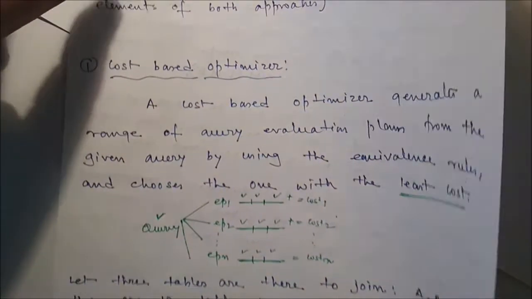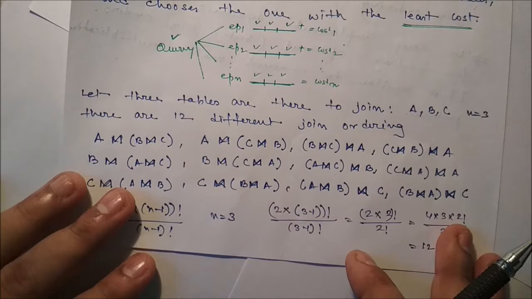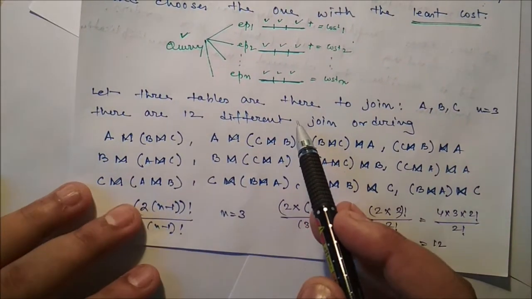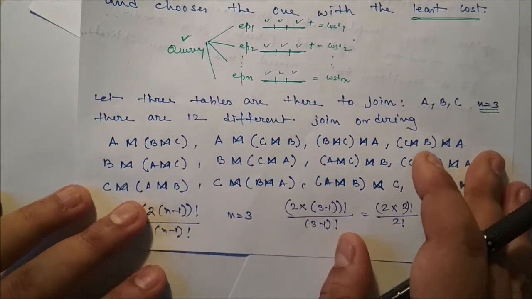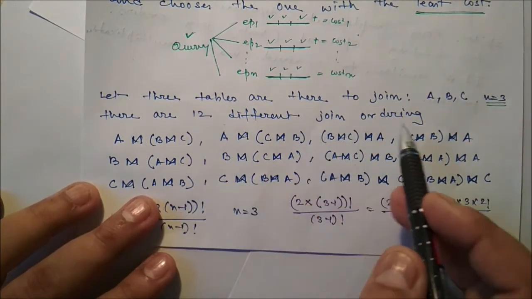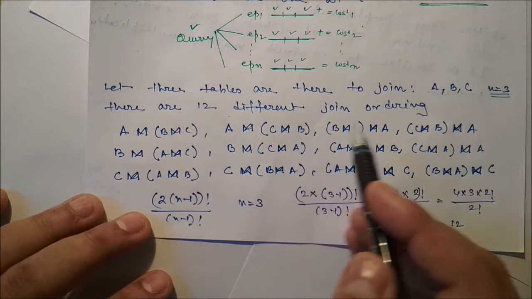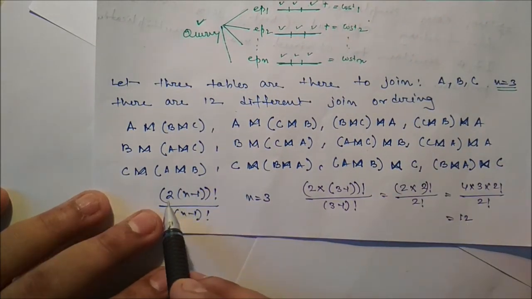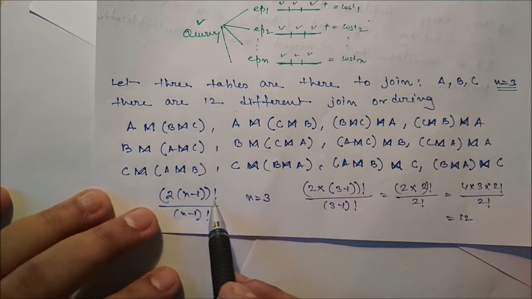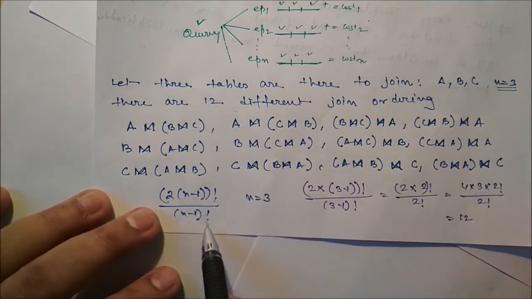Now we can see a popular example. Let 3 tables be there to join, say A, B, C. That means here 3 tables are there, n is equal to 3. Now there are 12 different join orderings. Here the formula is very simple: 2 into n minus 1 whole factorial divided by n minus 1 factorial.